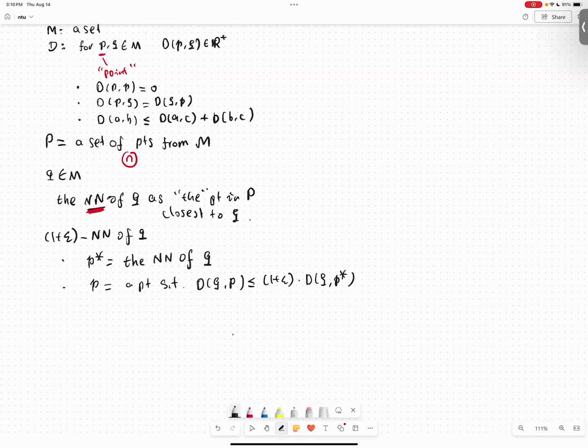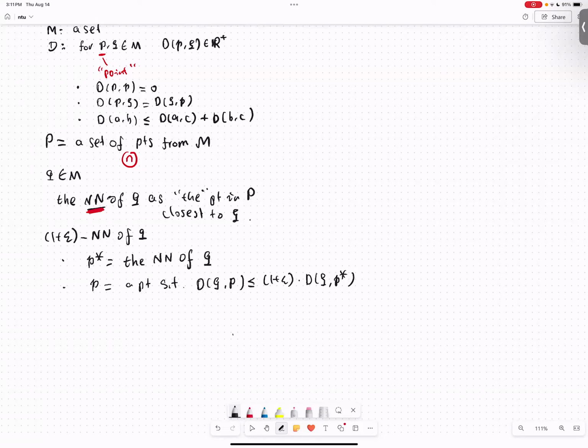You give me a query point, and I'll return to you a 1 plus epsilon approximate nearest neighbor. By the way, you could have multiple points that could be returned, in which case you can give me an arbitrary one. When there are multiple points that could serve as the answer, feel free to give me any of those.